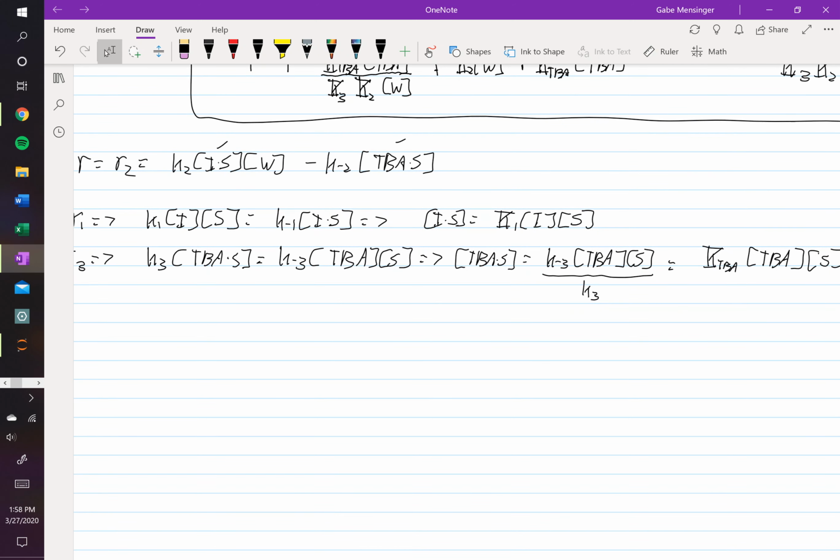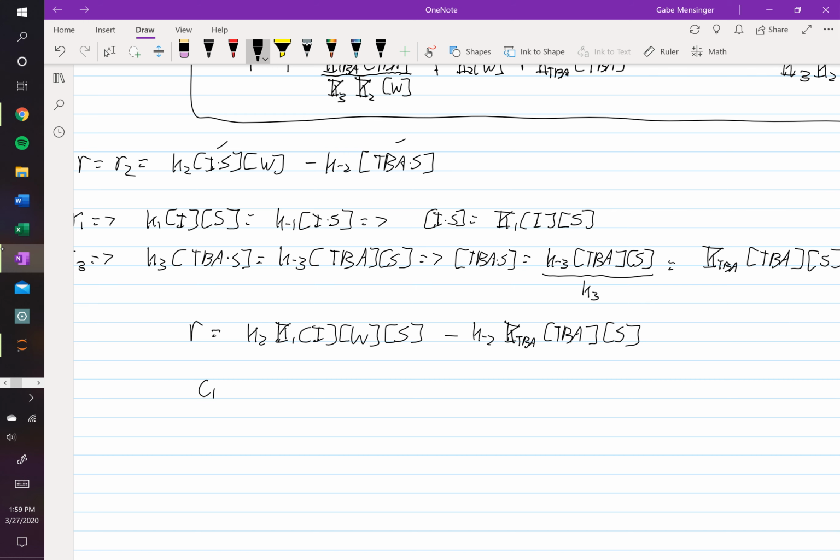All right, plugging those in, we get R is equal to K2 times capital K1 times I times W times S, minus K negative 2 times capital K TBA times TBA times S. And once again, we have our concentration of S, our concentration of the empty sites.